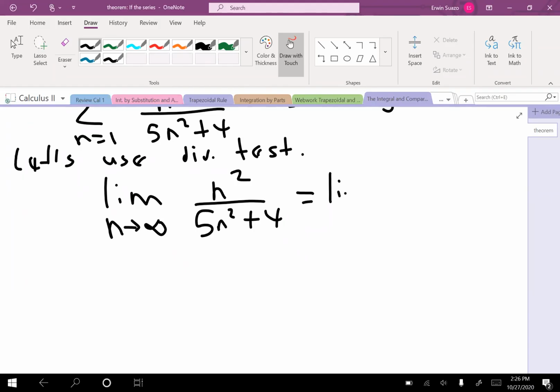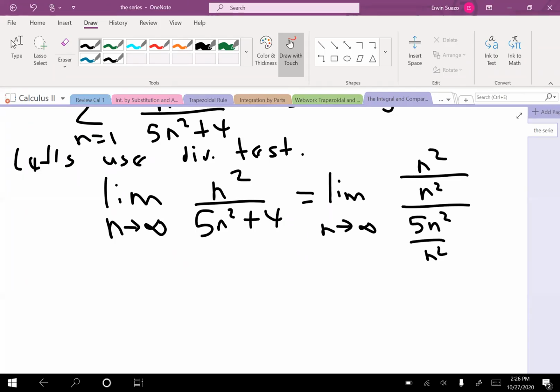We have the limit as n goes to infinity. What I did, remember, is I divide by the biggest power of n, which is n squared. So it's n squared divided by n squared over 5n squared divided by n squared plus 4 divided by n squared. And then we cancel. That's 1. This cancels. That's 1.